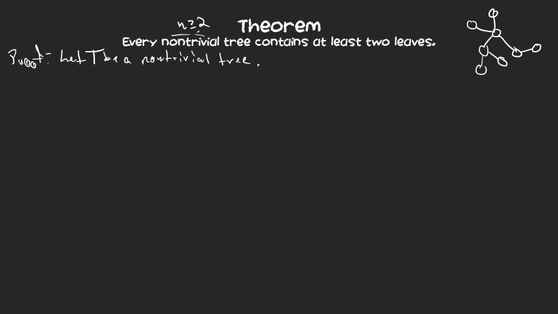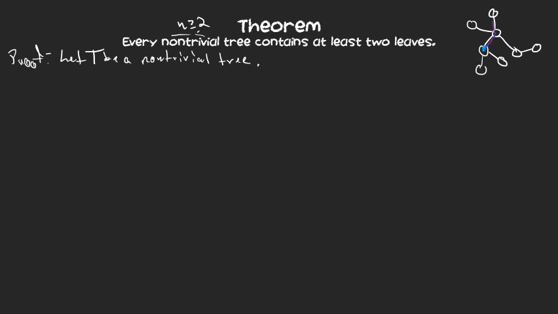Well, the idea that we're going to do is we're going to take a longest path in this thing. Since it's a tree, we know it's connected. And so between any 2 vertices, we can find a path between them. And so we'll be able to find a lot of paths in this tree. And what we're going to do is we're going to take a path of maximum length. So while there might be a lot of paths in this thing, like maybe from here, from here, the purple doesn't show up very well.